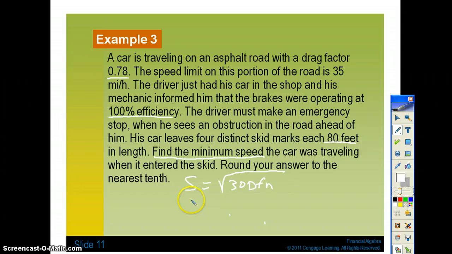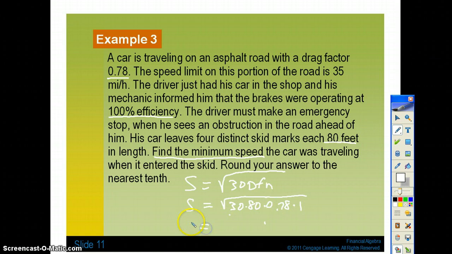So if we substitute in for the variables we know, S is our unknown, so we're going to have S equals the square root of 30 times. When we talk about our skid distance, they were all 80 feet, so that means the average would be 80. So we would use that. Our drag factor is 0.78, and then our brake efficiency is 100%, so we would just use 1.